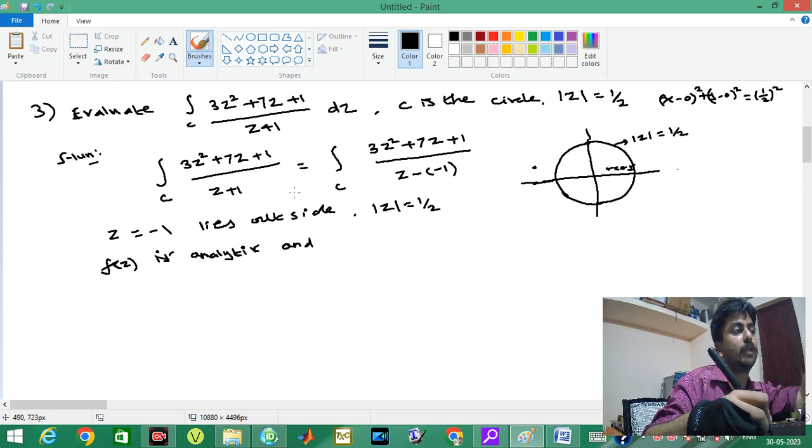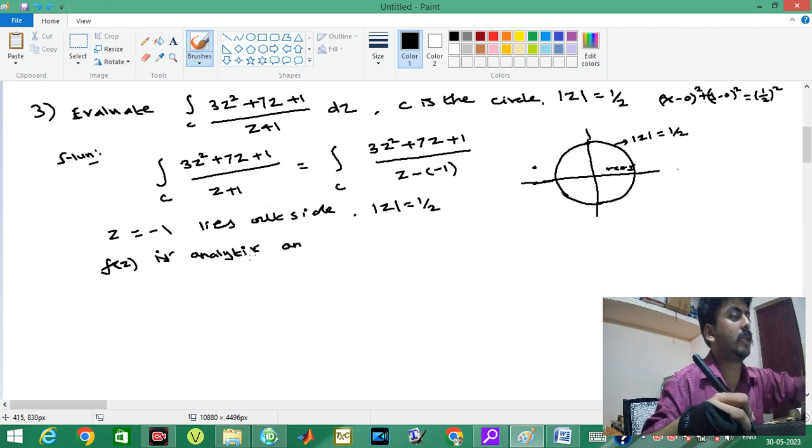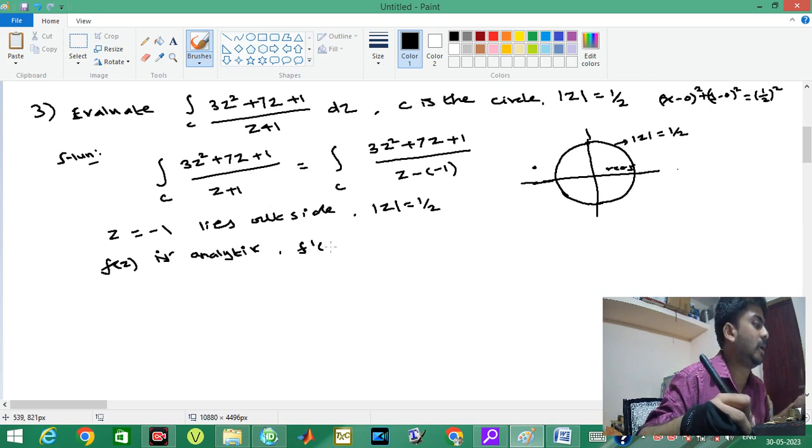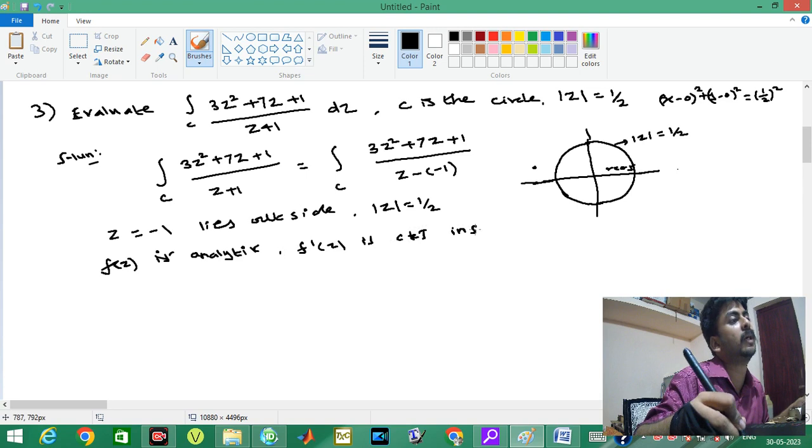Simply write f of z is analytic inside and on C, or f of z is analytic and f dash of z is continuous, both these inside and on C, which implies the integral over C of f of z is 0.